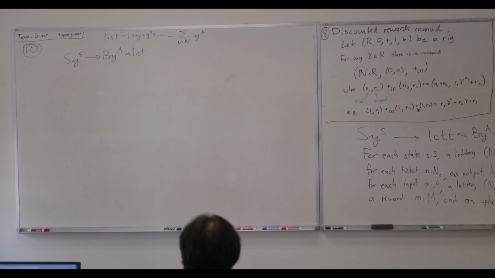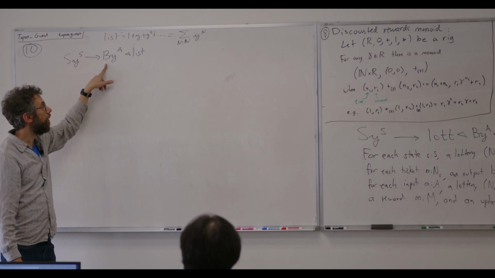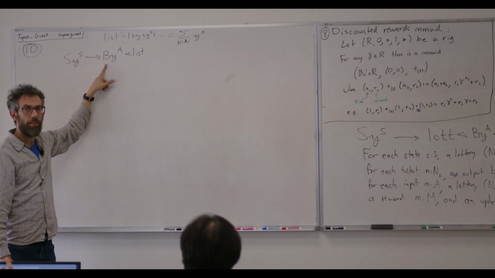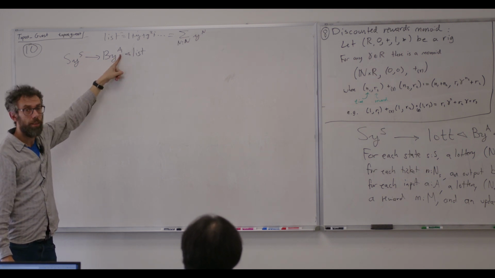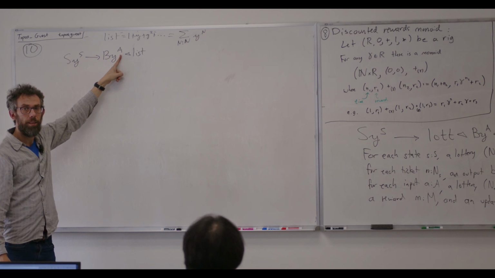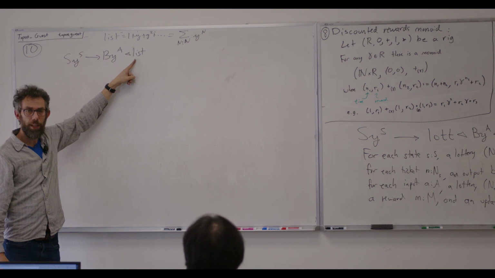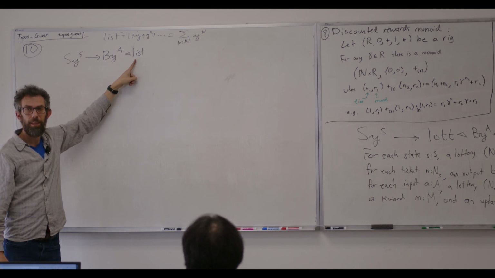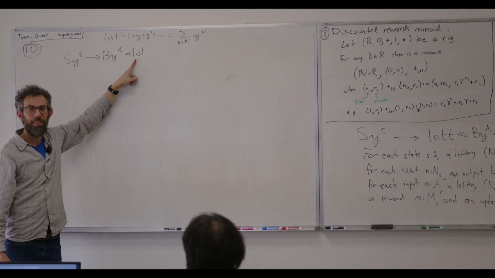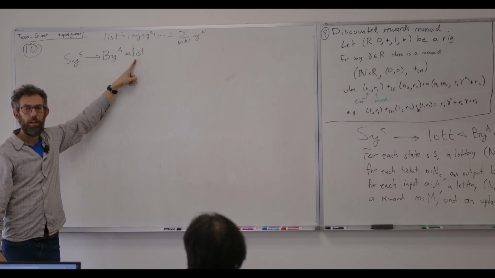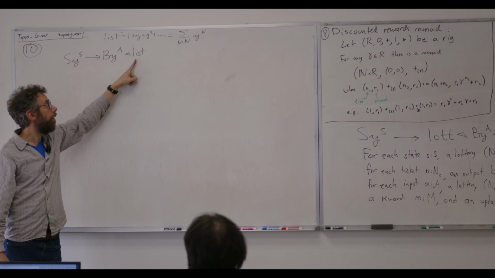So for every state, we get an output, and then given any input, we get a natural number, and we also have to give a list of that length to get a new state.